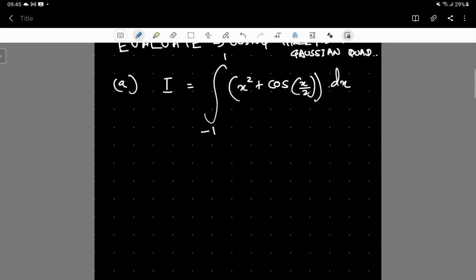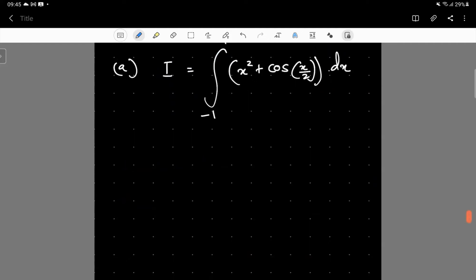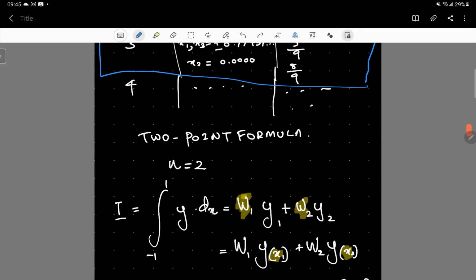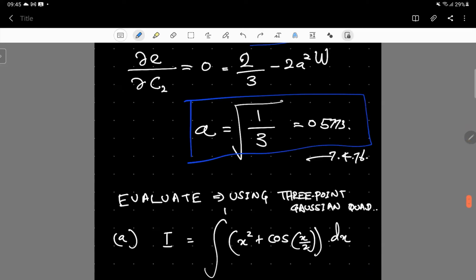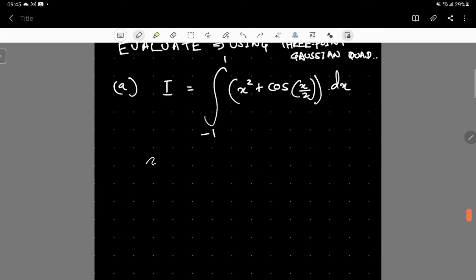So what we can do is use the values given in the table. I will write it down here again. What we are interested in is to evaluate the area, or evaluate the integral. So we are supposed to use the 3-point Gaussian quadrature method, meaning there are 3 points where we need to evaluate the function. What are the 3 points? We need to evaluate the function at x1 and x2 as well as x3.